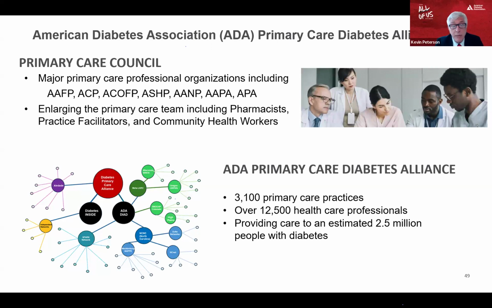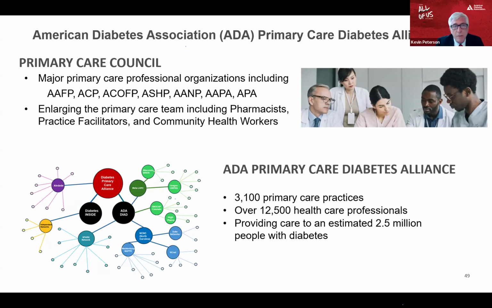As the primary care team grows, this allows more uniform messaging and responsibilities and a consensus across the primary care team. Finally, our new ADA Primary Care Diabetes Alliance currently engages 3,100 leading primary care diabetes practices from across the nation in a cascade of networks, promoting the rapid diffusion, dissemination, and implementation of the latest evidence-based standards.